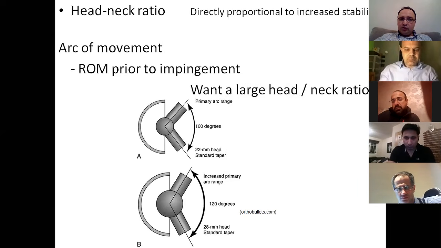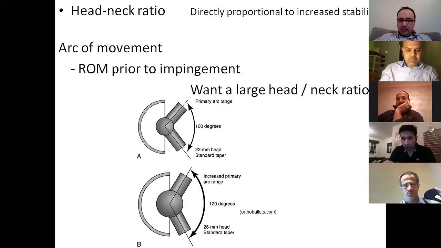Increased head-neck ratio will increase the arc of movement, which is the range of movements prior to impingement. So you want a large head-neck ratio to increase the arc of movement prior to impingement.